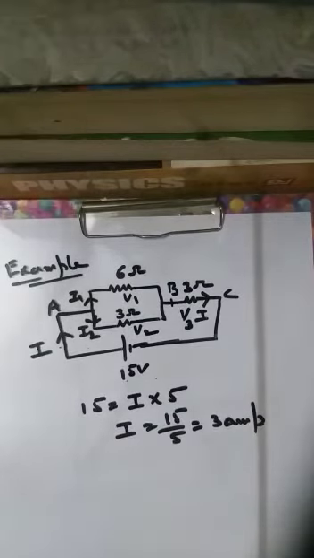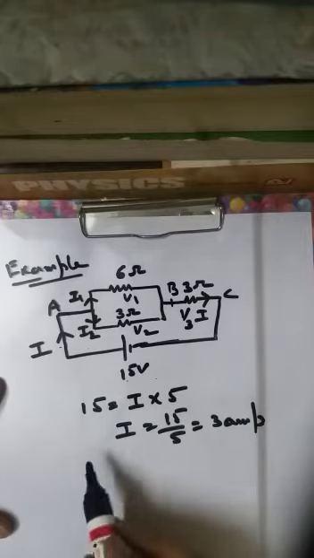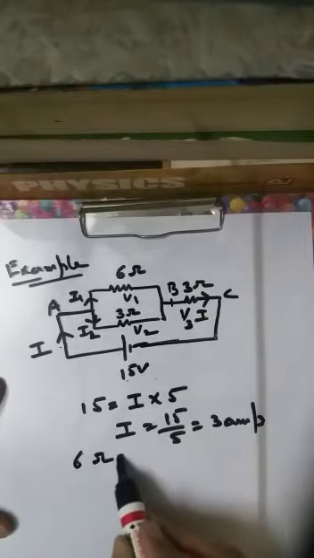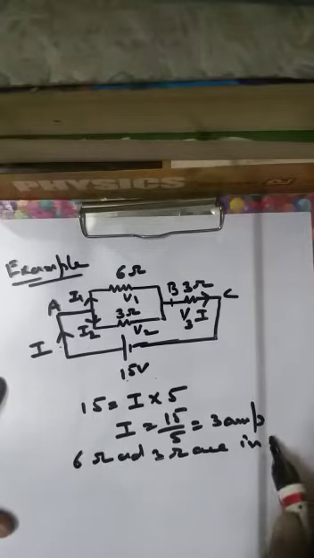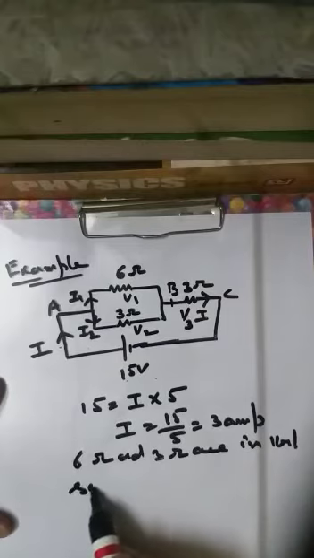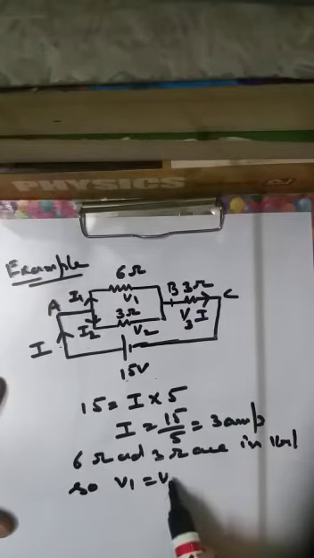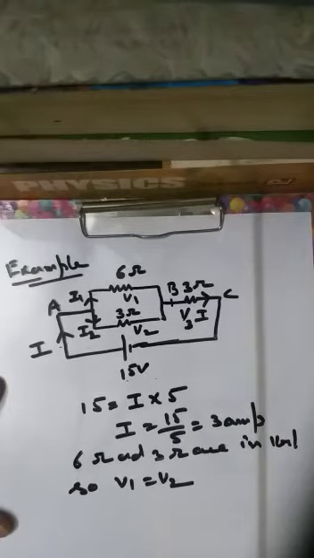After that we calculate the potential difference across each resistance. Because 6 ohm and 3 ohm are in parallel, V1 is equal to V2, because in parallel the potential difference remains the same and the current becomes different.